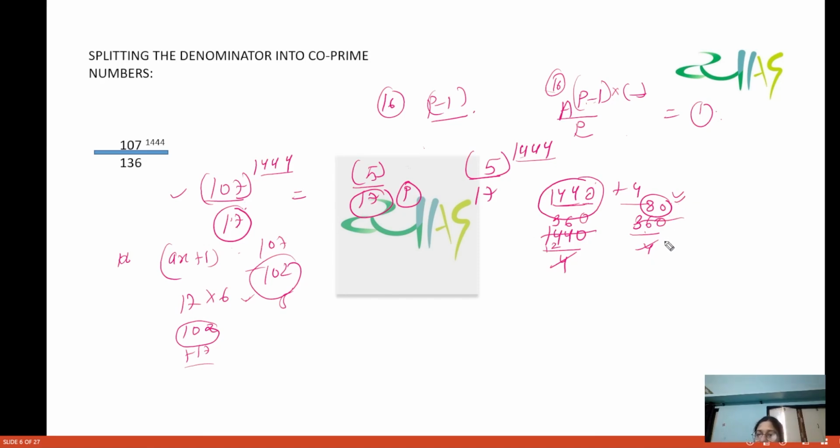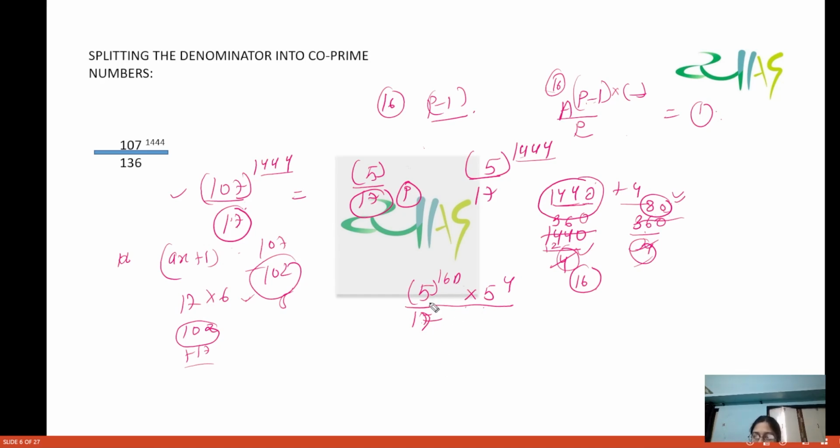All right, so now we know that 16 is divisible, because we have two times divided this number by 4, so it is definitely divisible. All right, so we can write this as 5 to the power 16n into 5 to the power 4 divided by 17. We can do this.